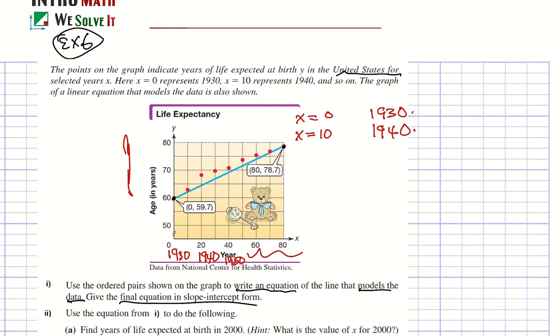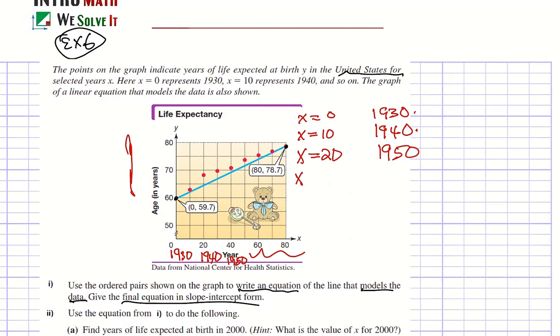So x equals 20 represents 1950, right? Then 30. It's increasing by 10. x equals 30 represents 1960. That's what they want.